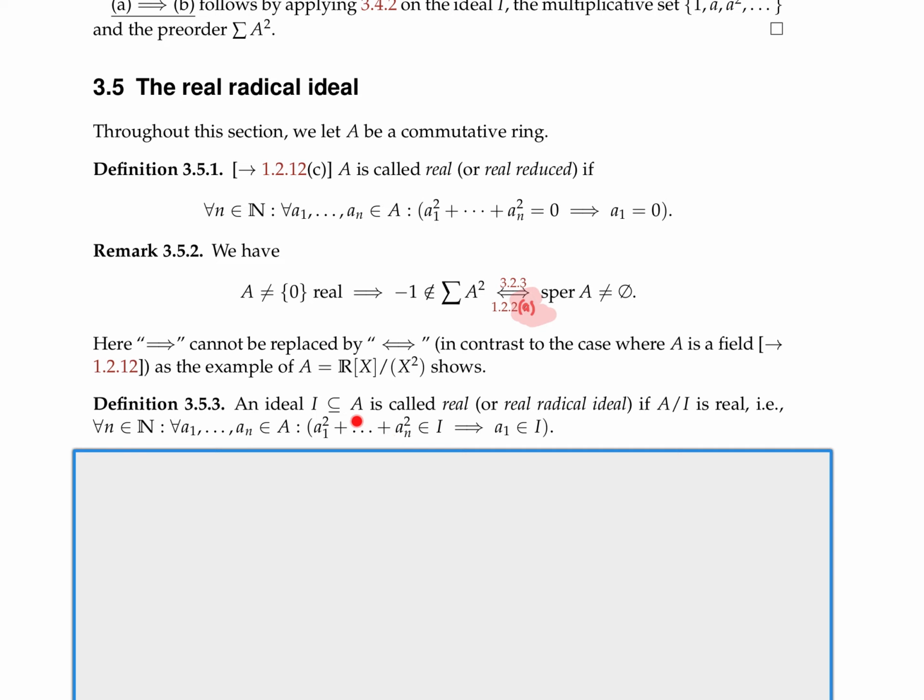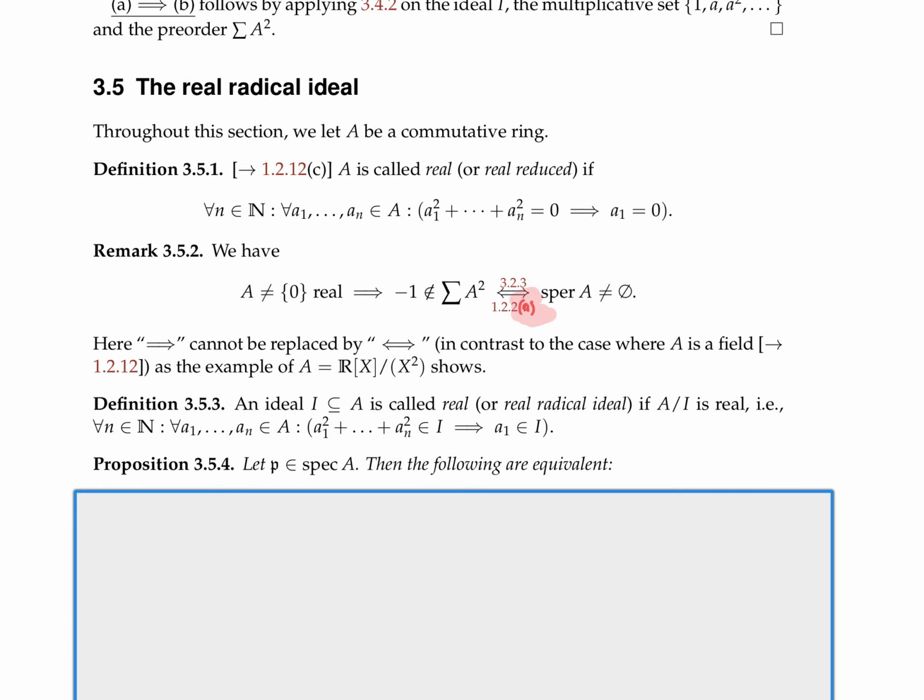That means the sum of squares of the residue classes is 0, and then this means that the residue class of a1 is 0. Why do people sometimes call this a real radical ideal? Because you know the definition of a radical ideal is similar. The definition of a radical ideal would just say for all a in A, a squared lies in I implies a in I.